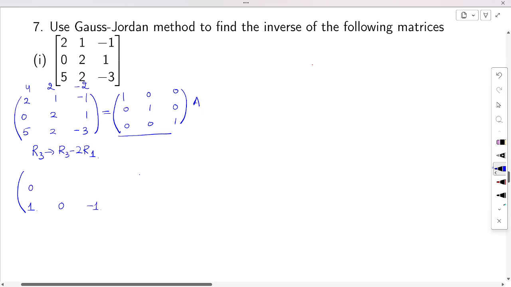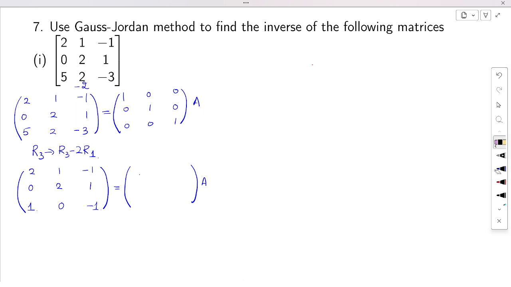This becomes 0, 2, 1, and this is 2, 1, minus 1. Now don't forget to apply the same operation on the identity matrix. So apply row 3 minus 2 R1 to 1, 0, 0, 0, 1, 0, and 0 minus 2, minus 2, 0 minus 0 and 1.